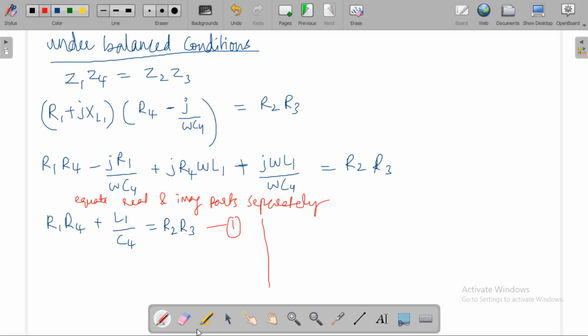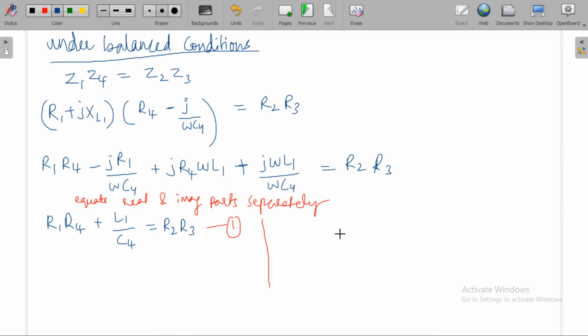You are going to get one more equation, that is L1 is equal to R1 by omega square R4 C4. Equating real parts you get equation 1, equating imaginary parts you get this. This is equation 2.